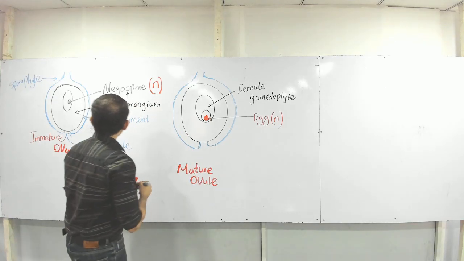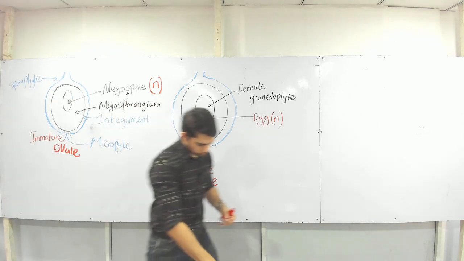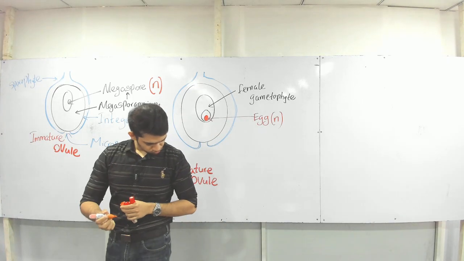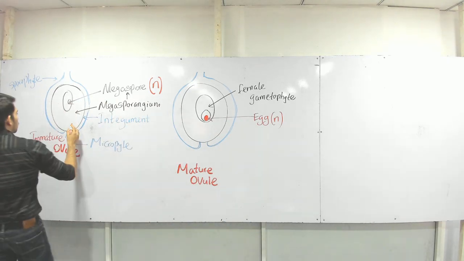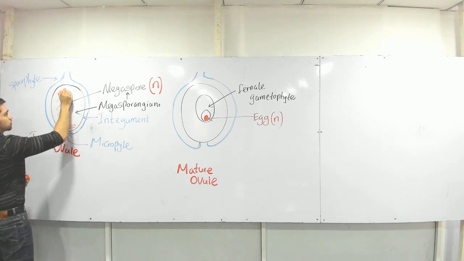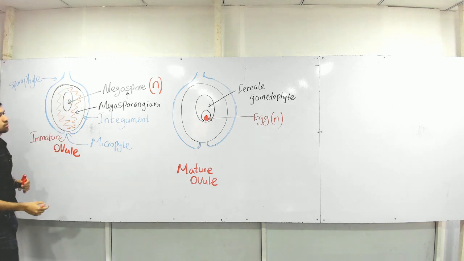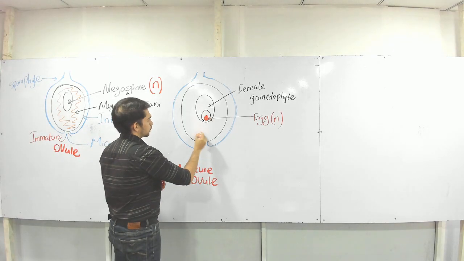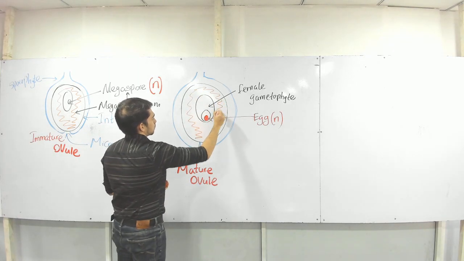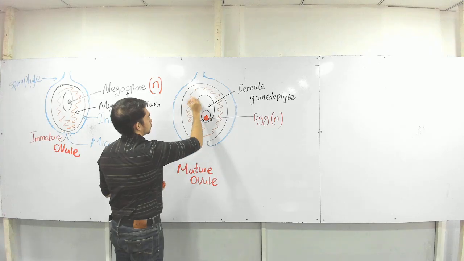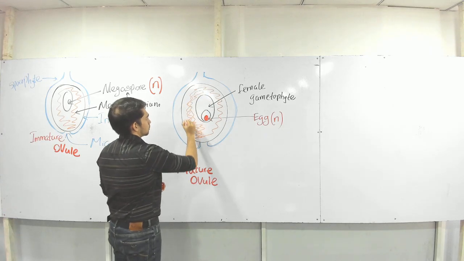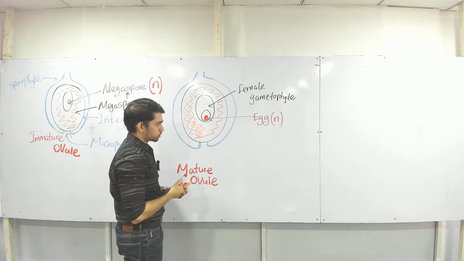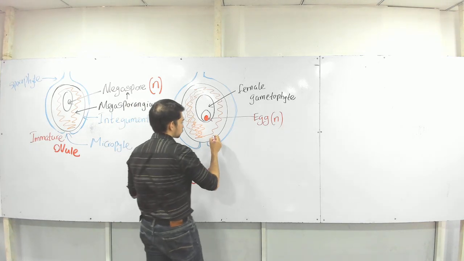Then there's a small change. So I told you this is the megasporangium. This megasporangium in the mature ovule is going to change into a nutrient structure, a food source. That is called nucellus.